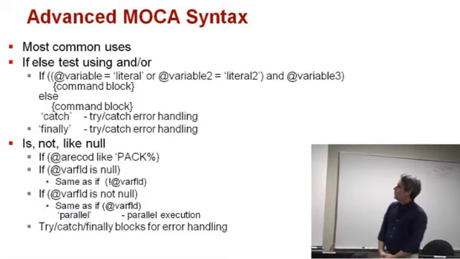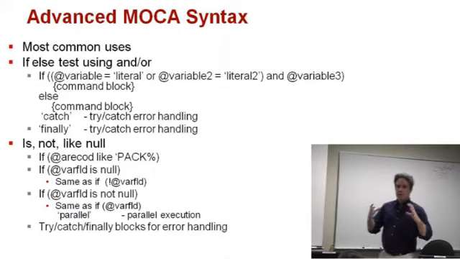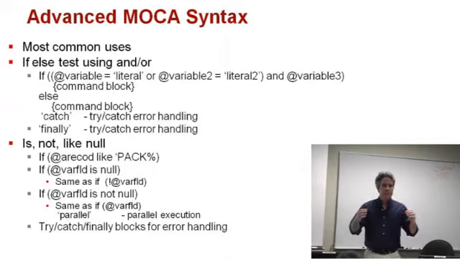Using if, you can do and, or. So you can say if @variable equals literal, or variable 2 equals literal 2, and. We use a post-order parser, which means we actually parse out the syntax, so we can tell the scope of your if test.